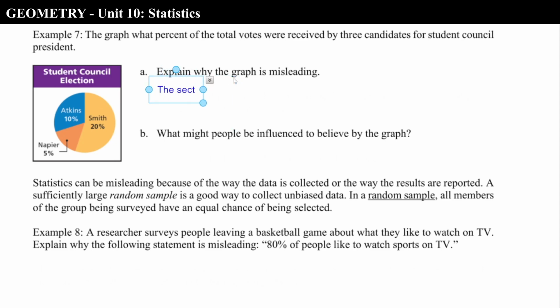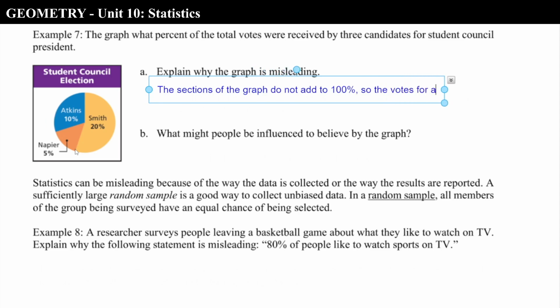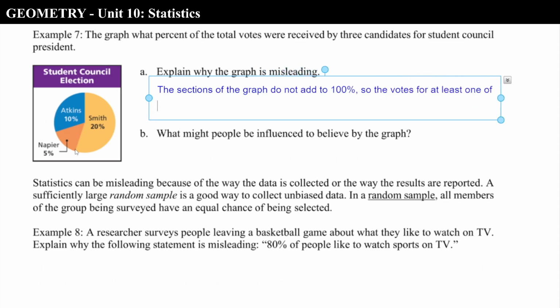Because the sections of the graph do not add to 100%. Okay, we have 20, 10, and 5, so it only adds up to 35%. So the votes for at least one of the candidates are not represented.